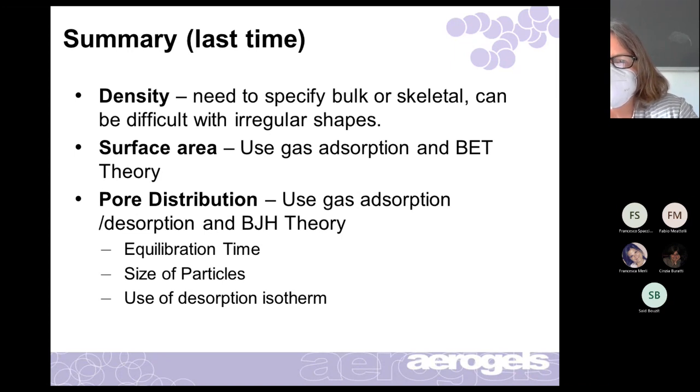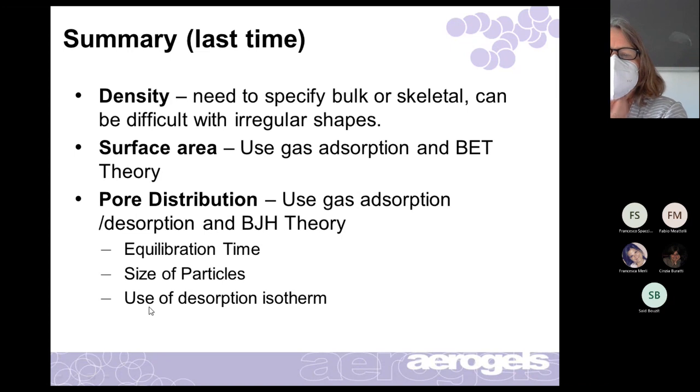To do that, we use gas adsorption and BET theory. The idea was we condense a layer of a known gas on the surface of your material, and from that you can calculate how much surface area there is. Then as you add more of the gas and it condenses, you can fill all the pores in your material.